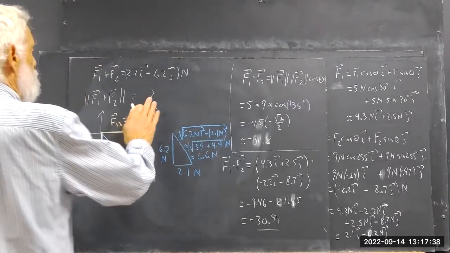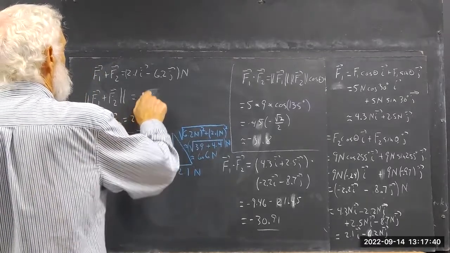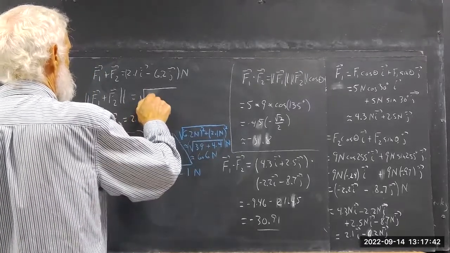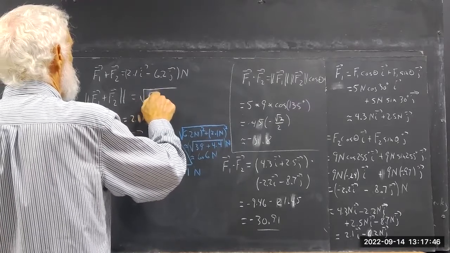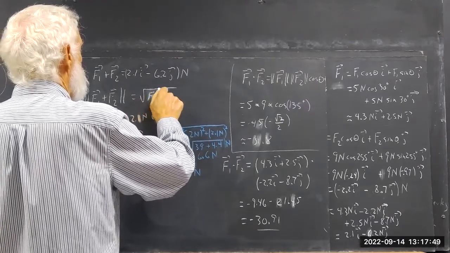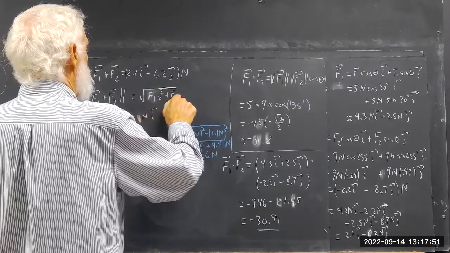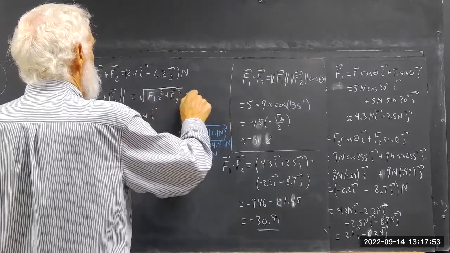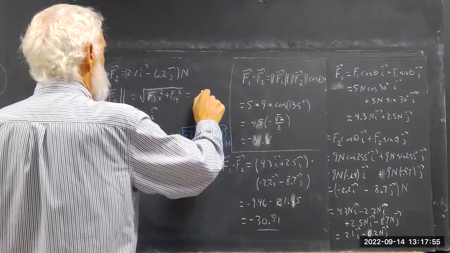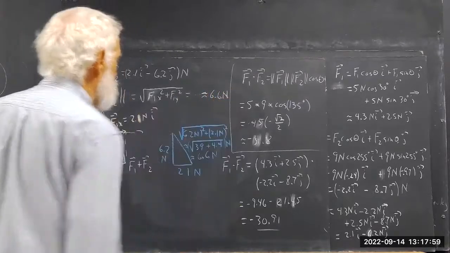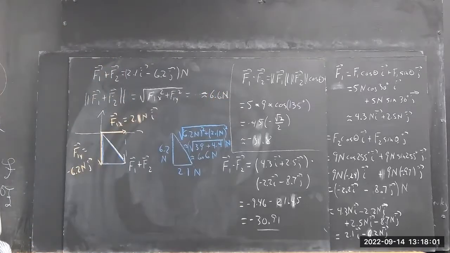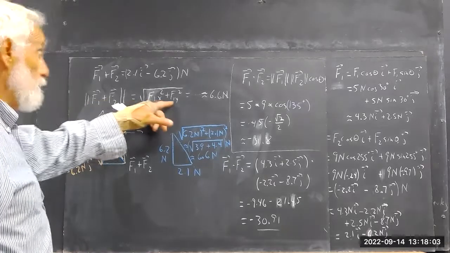So the magnitude of F1 plus F2 is the square root of this. Okay. And I write it in symbols here because this is generally the case.